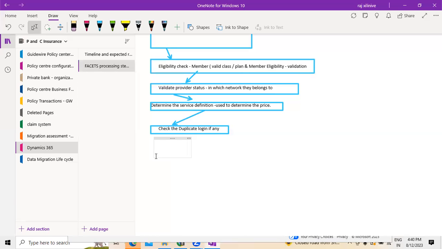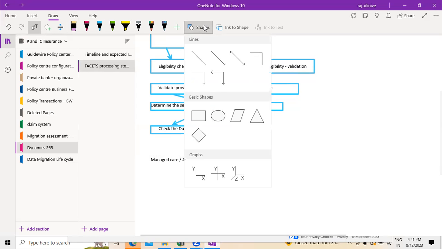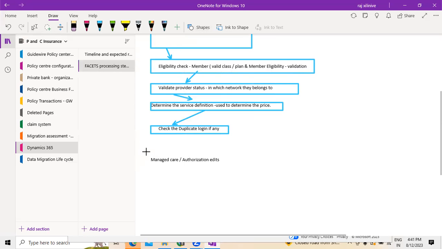So if there are any managed care services, or any authorization edits, that also will be included in this. This will be done once the duplication checking is done.